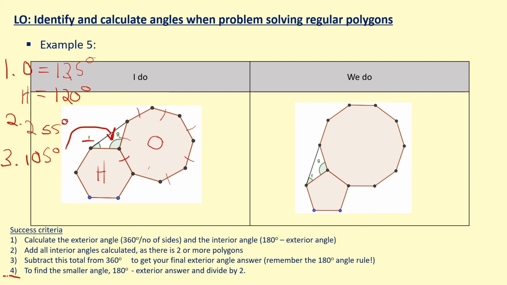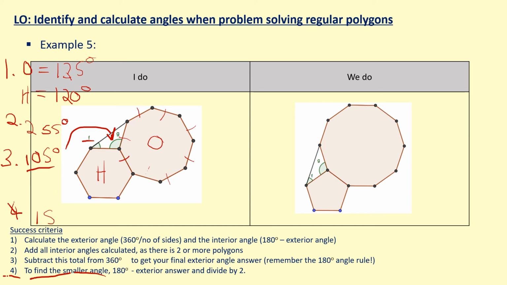And to calculate that for number 4, all we need to do is find that smaller angle. I'm reading it at the bottom. We need to do 180 degrees, subtracting the G, the amount of G, which is that 105. So let's do that first.